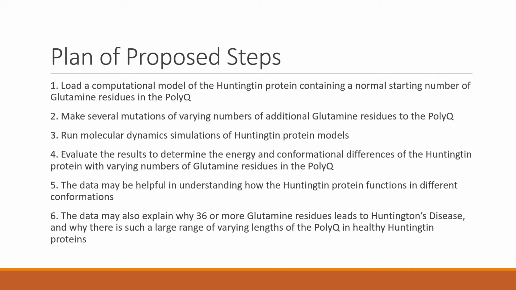And then to see how the mutated Huntingtin protein with 36 or more glutamine residues changes from those to now non-functioning with those other proteins, and leads to Huntington's disease and the individual symptoms associated with it.